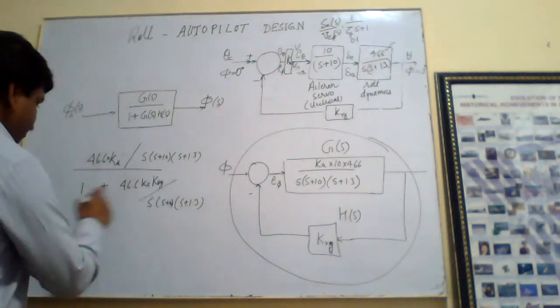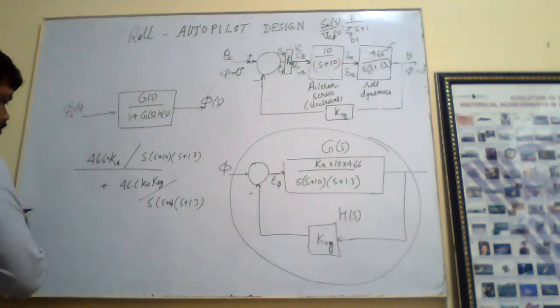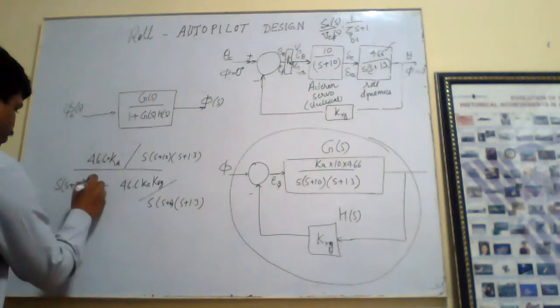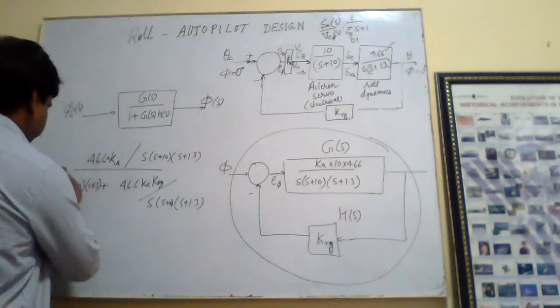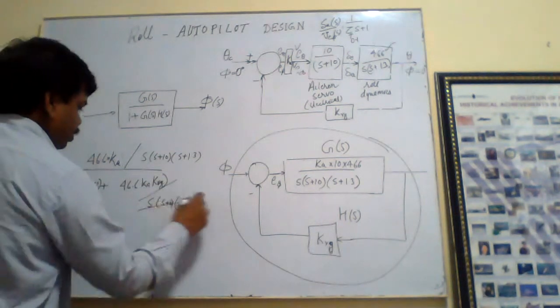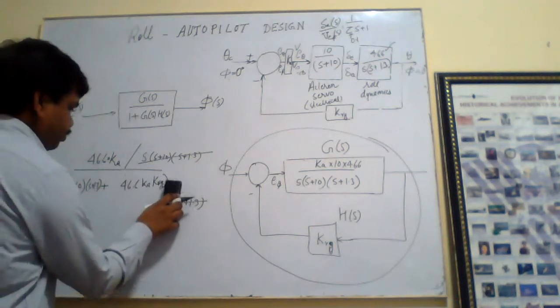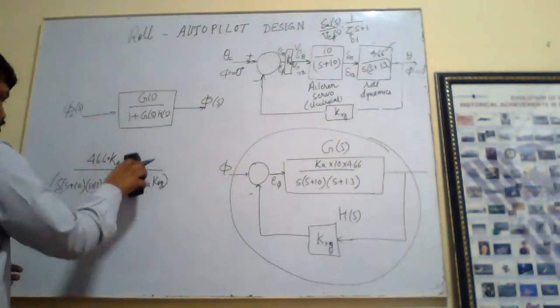So if I take LCM, I will get s into s plus 10 into s plus 1.3 as the whole LCM. So the denominator will cancel with this, and I will get 46.6 Ka over the polynomial.